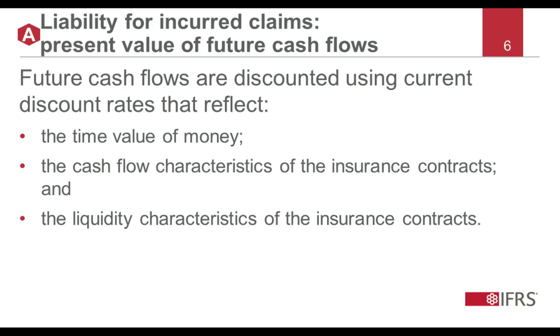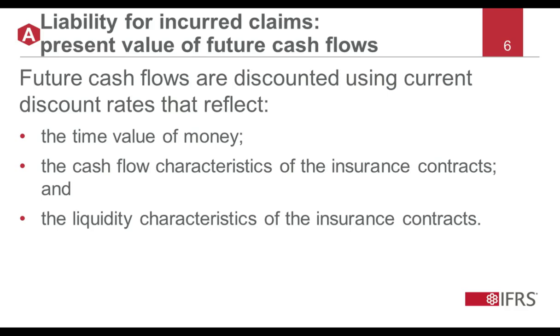To reflect the time value of money and the effect of financial risk, the entity will discount the expected cash flows. It's worth mentioning that the estimate of the expected cash flows, for example, the claims to be paid or claims handling expenses, is probability weighted and unbiased.